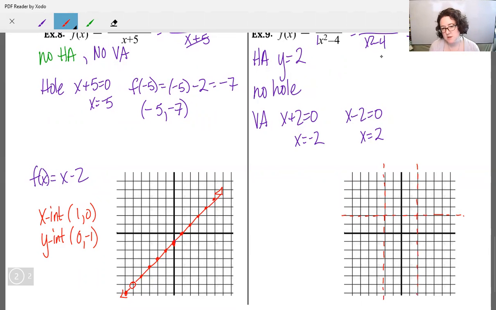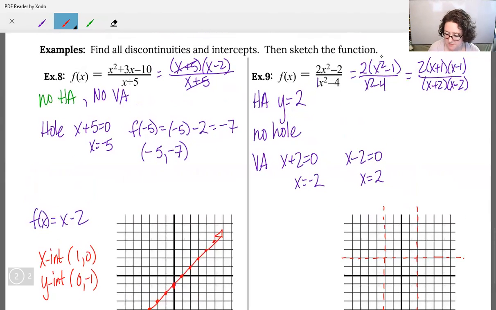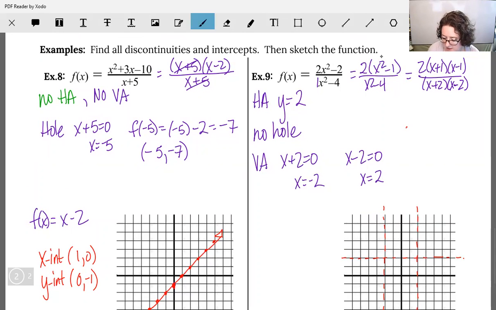Now this graph is going to look a little weird, so I do want to go ahead and find my x and y-intercepts to give me an idea of where the pieces of this graph are going to go. So for x-intercepts, again, that means y equals 0.